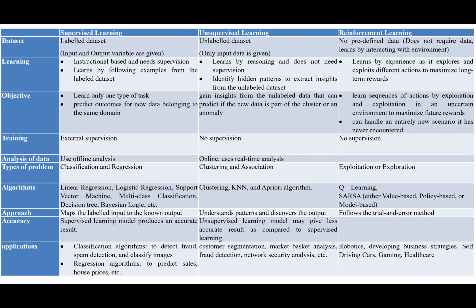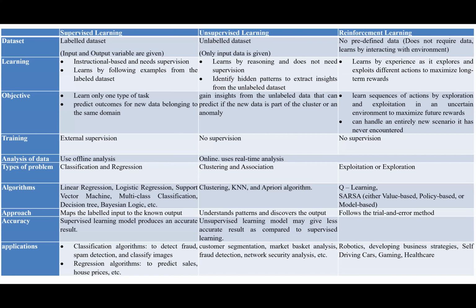Differences between supervised learning, unsupervised learning, and reinforcement learning. Those who have not learned machine learning, they can be with me. This is very useful to understand the three kinds of learning supported by machine learning. Okay.